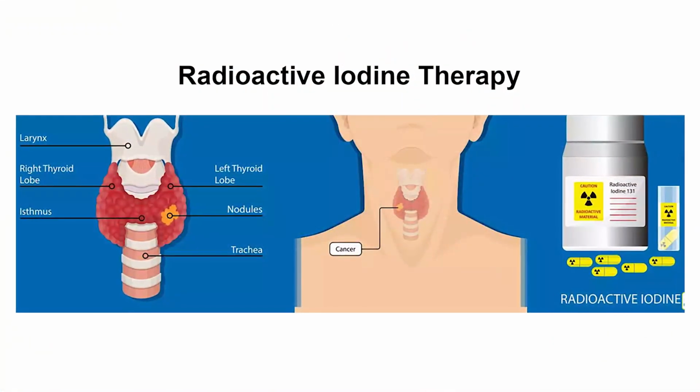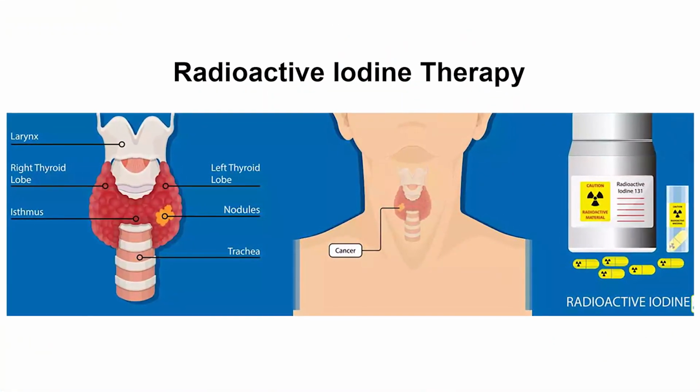If the biopsy shows the tumor is benign, no further treatment is required. And if the biopsy determines that the tumor is malignant, then radioactive iodine therapy and further adjuvant therapy is needed to treat the malignant tumor.